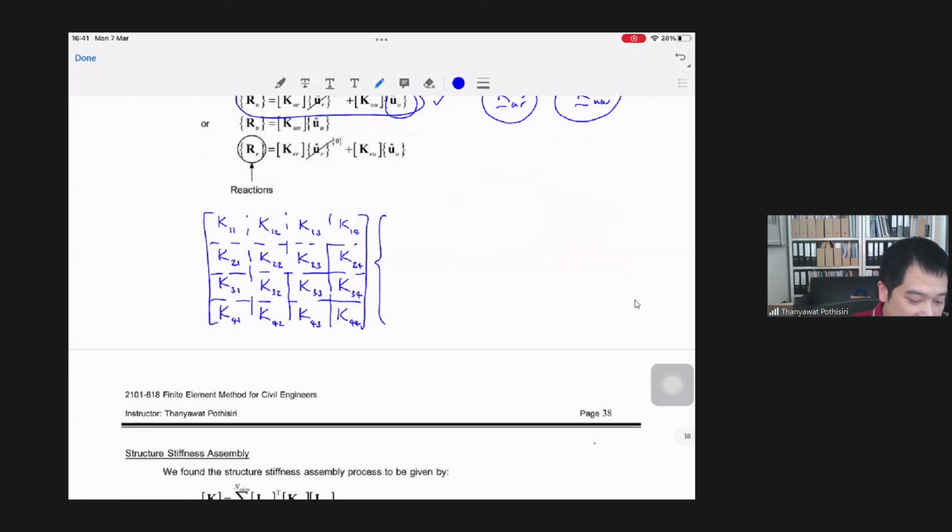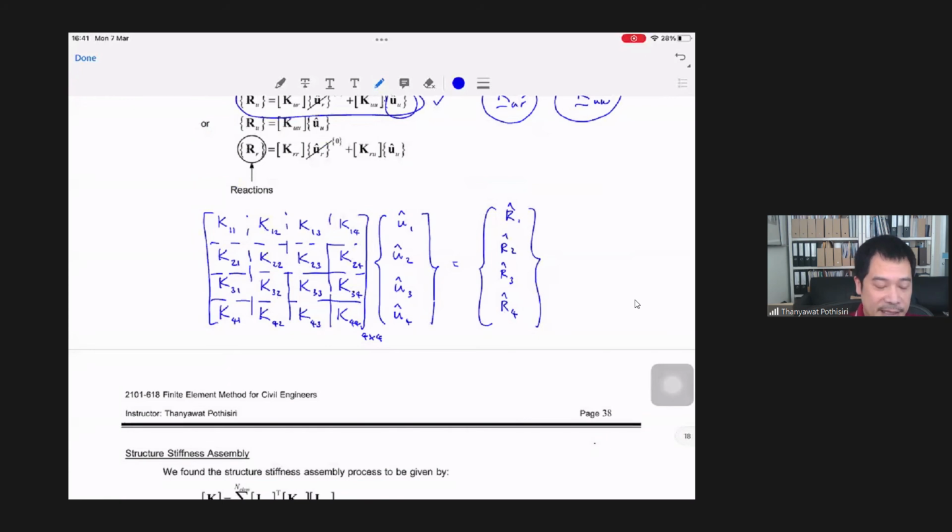So I have a 4 by 4 matrix, multiplied by u hat 1, u hat 2, u hat 3, and u hat 4, equal to r hat 1, r hat 2, r hat 3, and r hat 4.